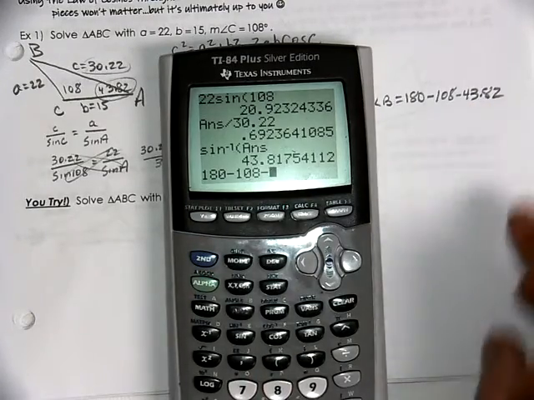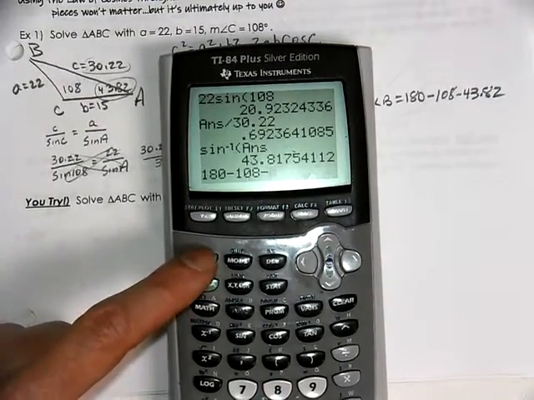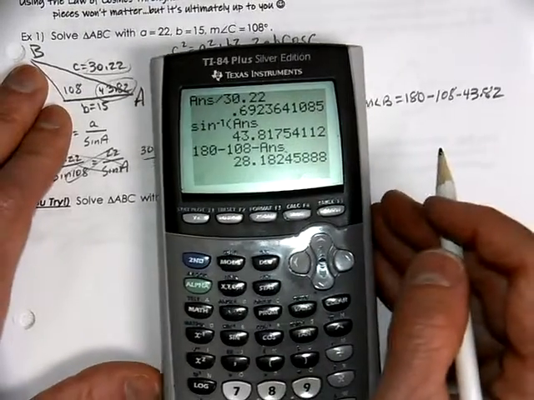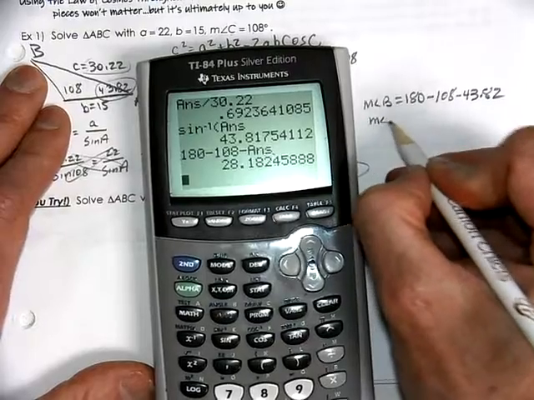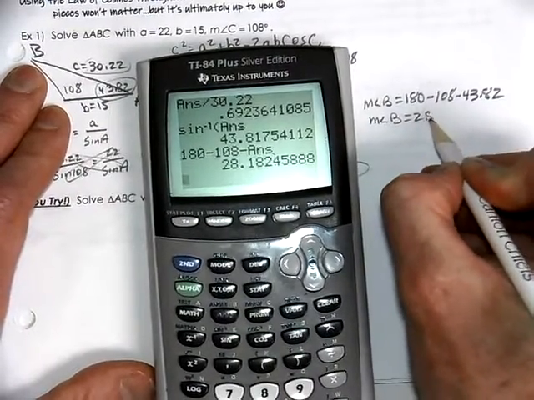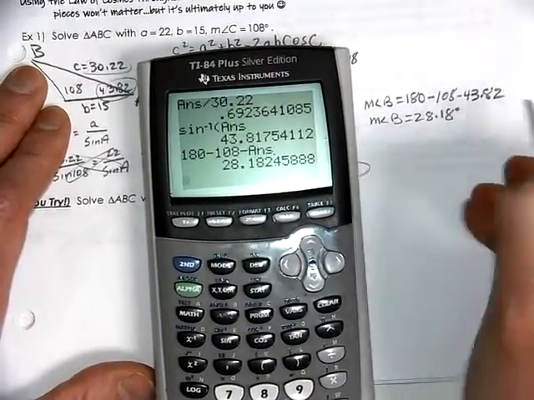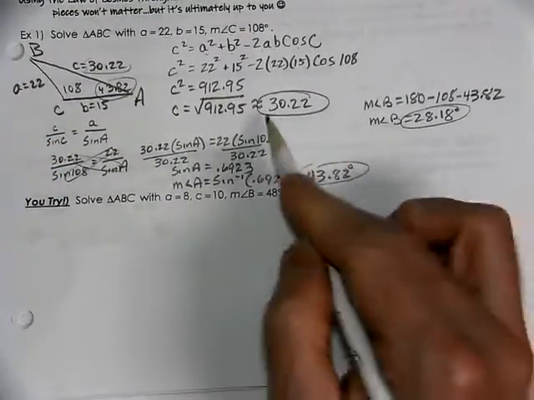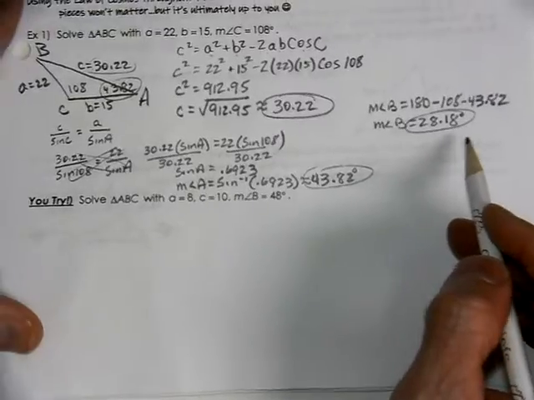You could type in 43.82. That won't make a difference since we're subtracting. Whichever way you like to do it. And we'll get a degree value of 28.18. You should have 3 things circled in your work.